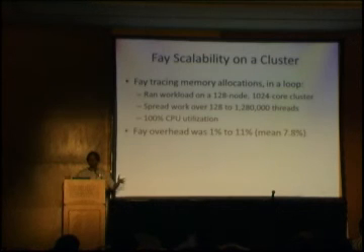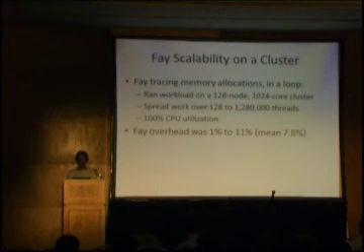Then we went up to 10,000 per machine, so this is a huge workload for this cluster. There were in total about 1,280,000 threads, all of them running at 100% CPU utilization. We had Fay count these memory allocations, and we could see an overhead ranging from 1% to 11%. So this is a really benign overhead for this huge amount of work that Fay has to do inside the cluster.